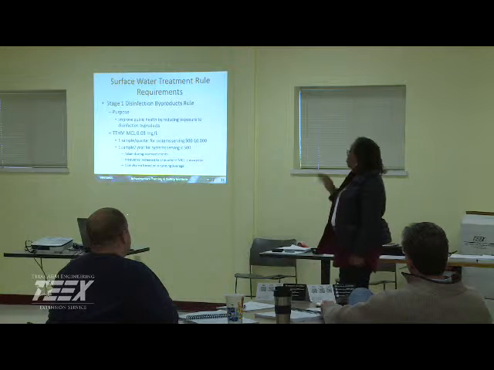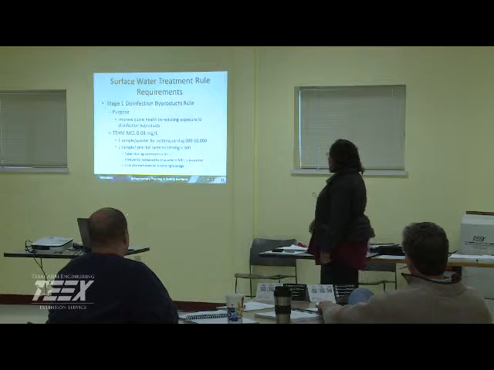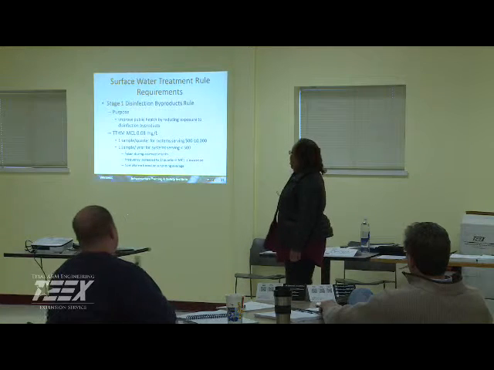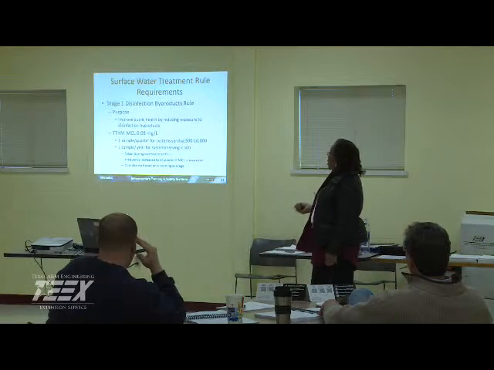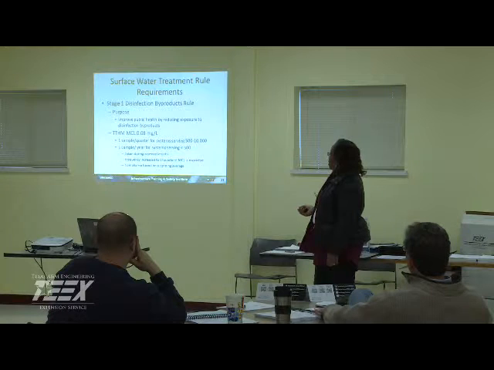With total trihalomethanes, the maximum contaminant level is 0.08. We're going to pull 1 sample per quarter for systems serving 500 to 10,000, and 1 sample per year for systems serving less than 500. These should be taken during the warmest month of the year.